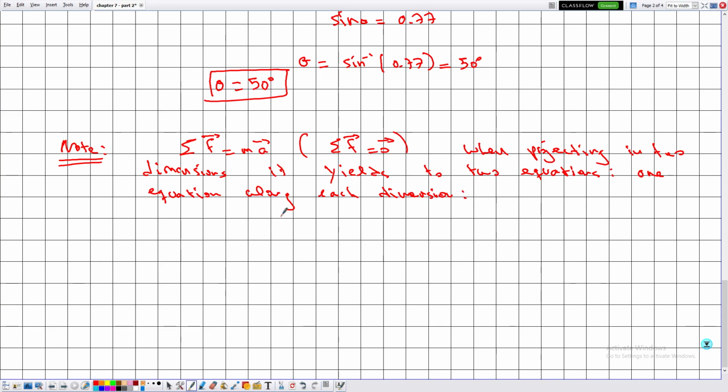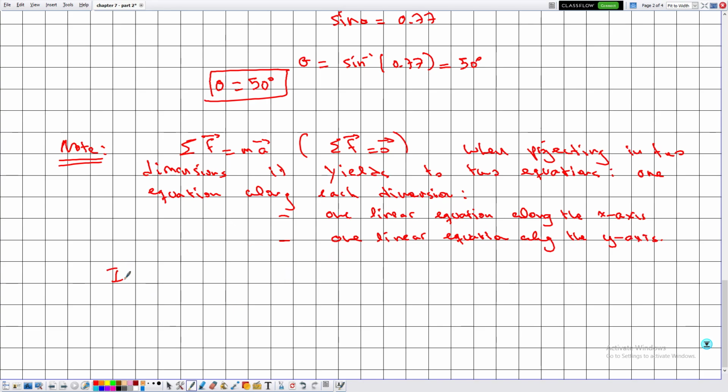So in this case we have one linear equation along the x-axis, one linear equation along the y-axis.